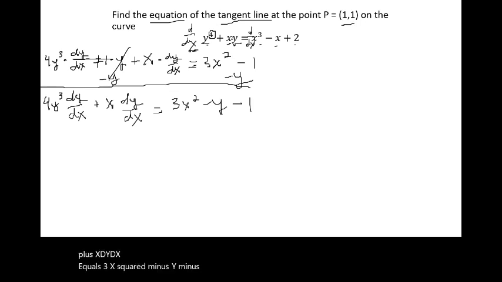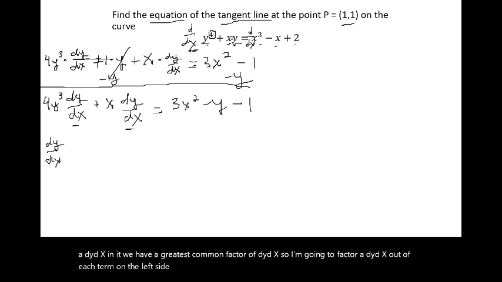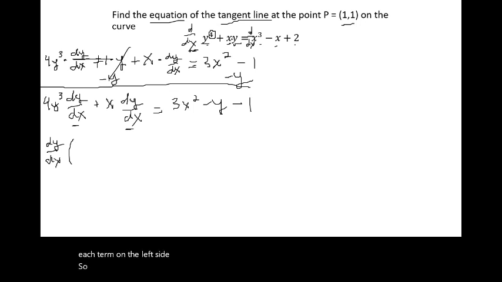So now that all of the dy dx's are on the same side and the only thing on the left-hand side has a dy dx in it, we have a greatest common factor of dy dx, so I'm going to factor a dy dx out of each term on the left side. So what's left over out of this first term is going to be a 4y cubed, plus what's left over out of the second term is x.